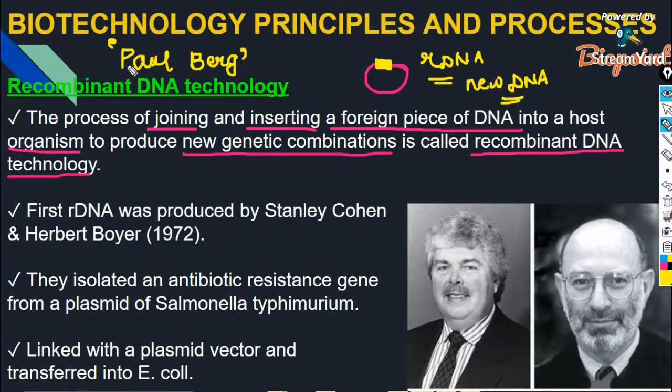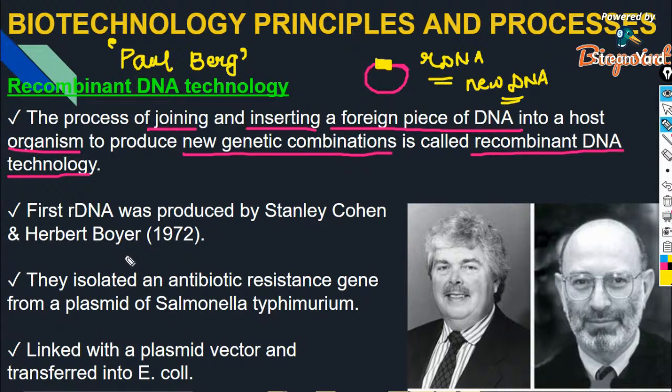Paul Berg is considered the father of genetic engineering, and he was awarded the Nobel Prize for genetic engineering in the year 1980. You don't have to study the year, but you have to study the name of the scientist, that is Paul Berg. So Paul Berg is often called the father of genetic engineering.